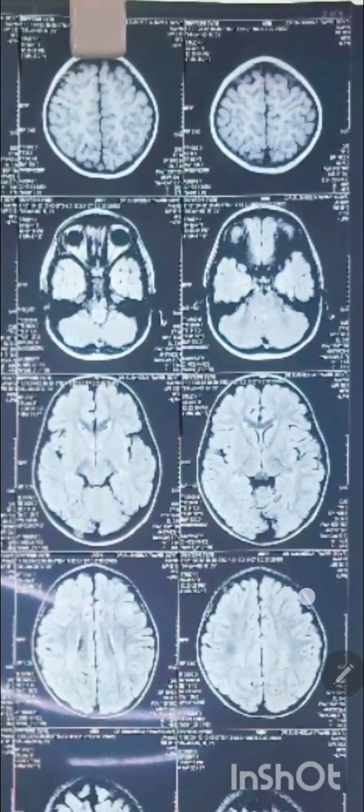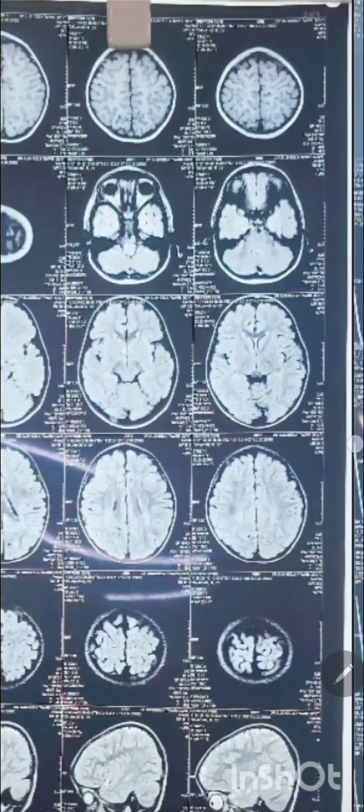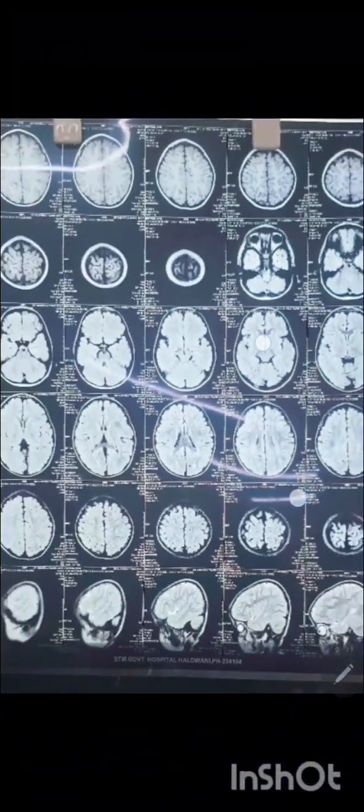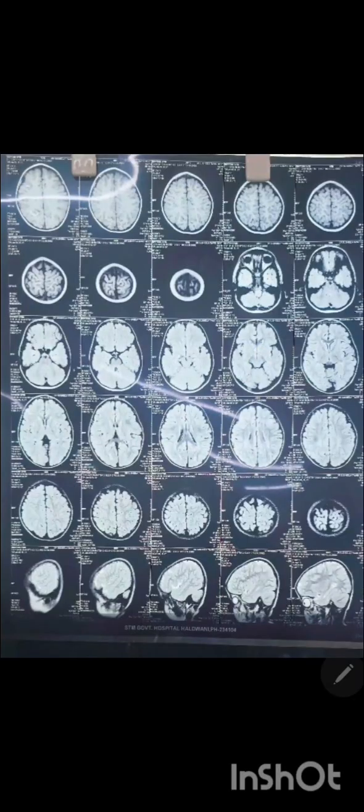On the T2 weighted image, the water present inside the cavity also appears as a white fluid. So there is a T2 weighted and a T1 weighted image.